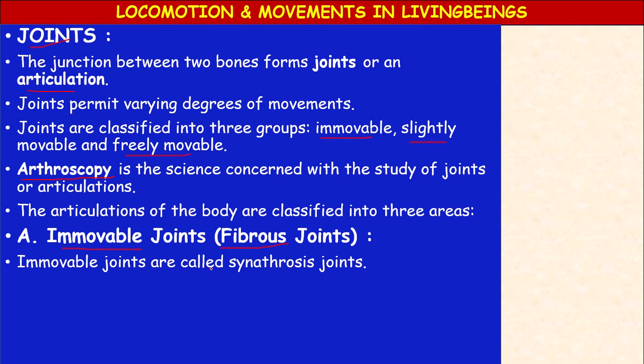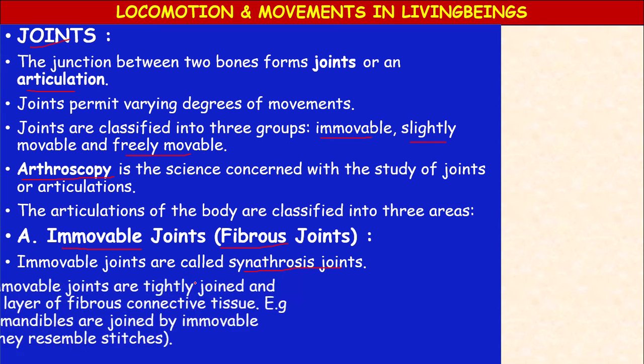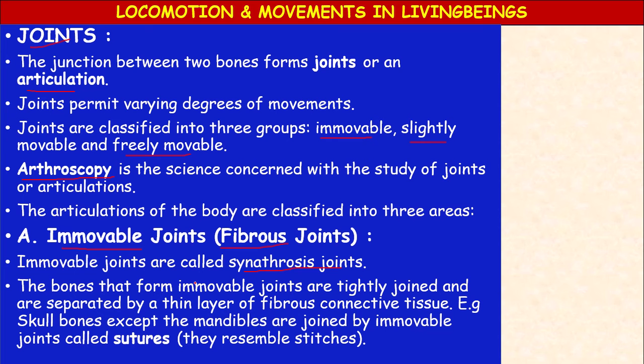Immovable joints are called synarthrosis joints. Another name for these immovable joints is synarthrosis. The bones that form the immovable joints are tightly joined and are separated by a thin layer of fibrous connective tissue. For example, skull bones except the lower jaw, mandible, are joined by immovable joints called sutures.